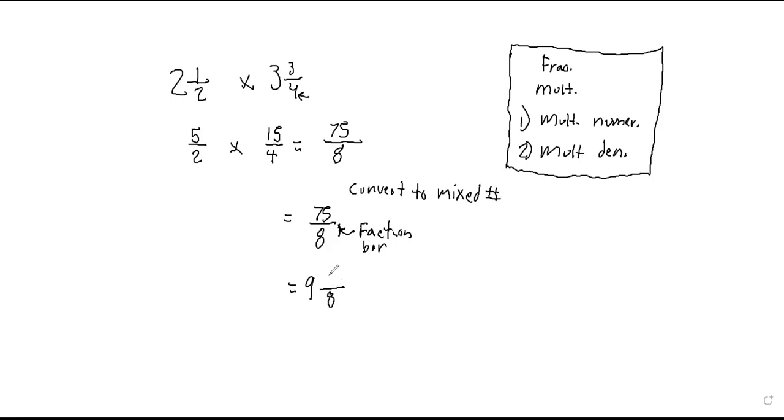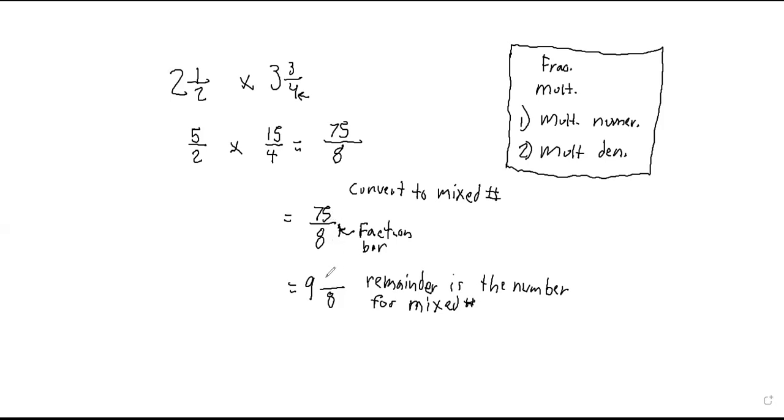And the numerator is going to be, if we divide 75 by 8, we'll get some remainder value. So the numerator is going to be the remainder. And I'll show you how to get that value. Remainder is the numerator for mixed number format. Okay, so we divided 8 into 75. We got the whole number.